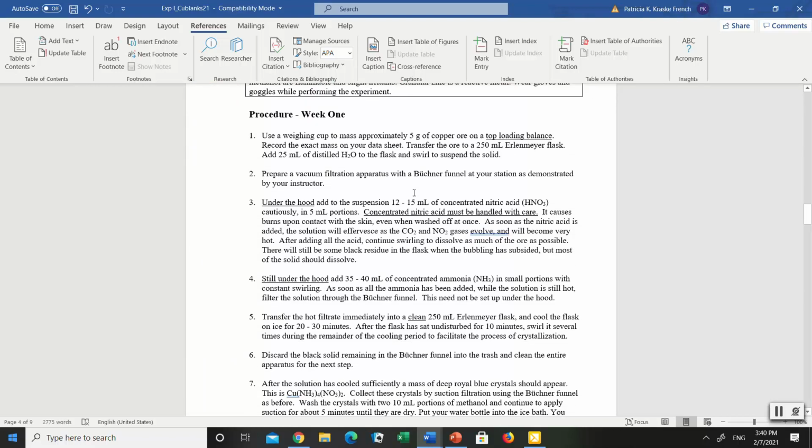So as you can see in the procedure, you're going to weigh out approximately 5 grams on a top loading balance. Okay, so you're going to put a muffin cup in there, hit tare, and then put in about 5 grams, so maybe 4.85 to 5.15, somewhere in there.